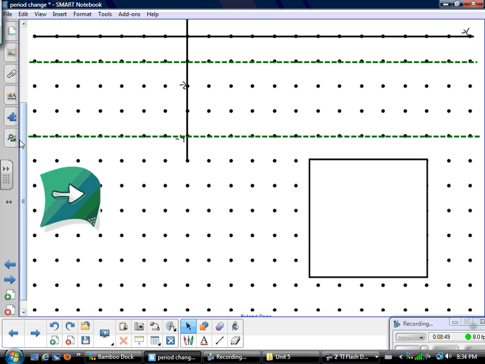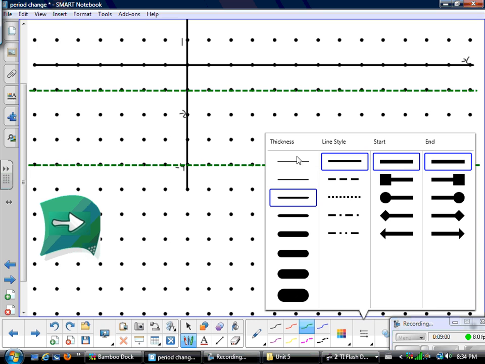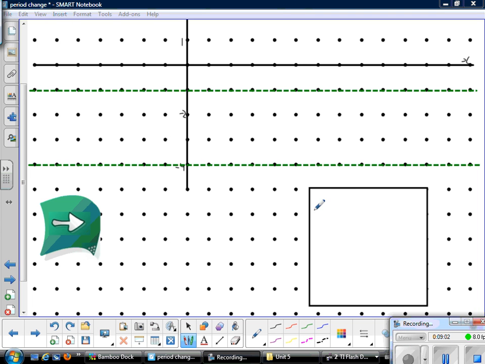There we go. So we would take our important values that we started with, which were 0, 90, 180, 270, and 360.